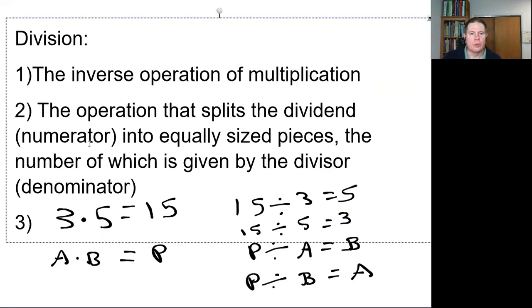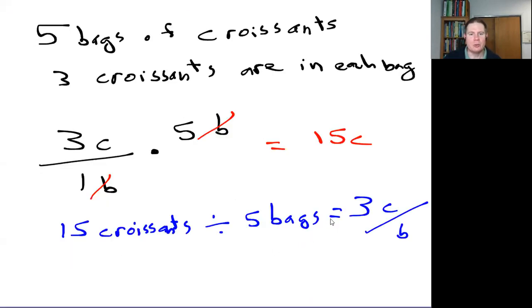So we split the dividend into equally sized pieces, the number of which is given by the divisor. How many bags do I have? I have 5 bags. So my quotient is going to give me the result of the size of each bag, right? How many croissants are in each bag.